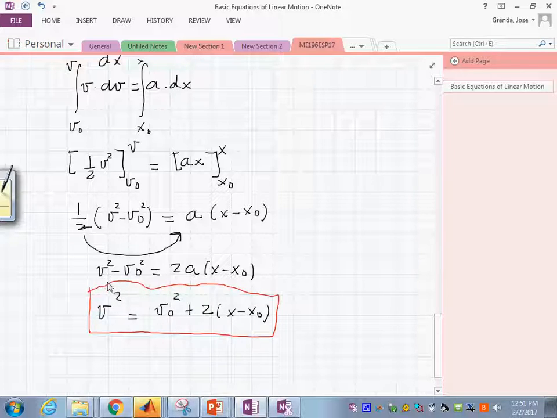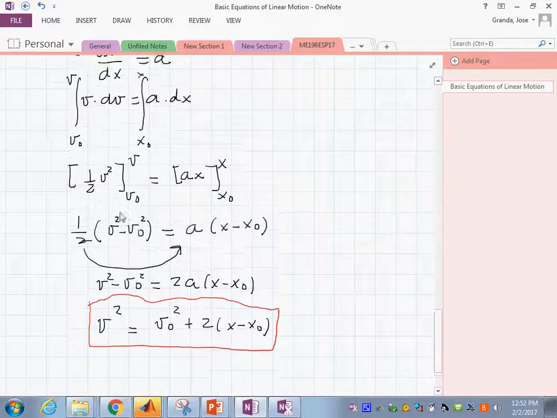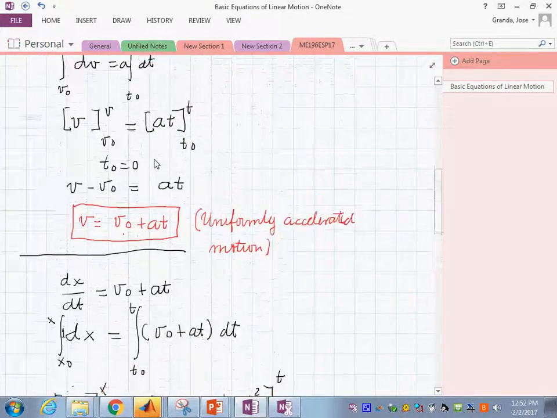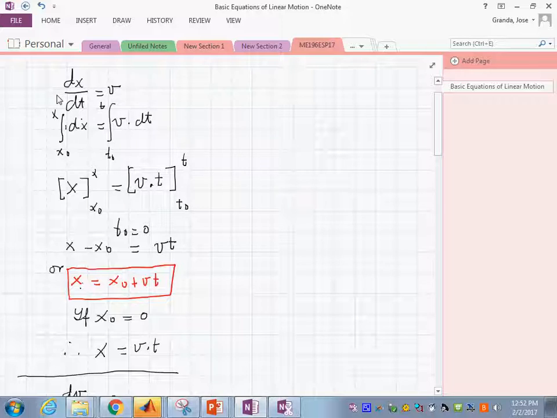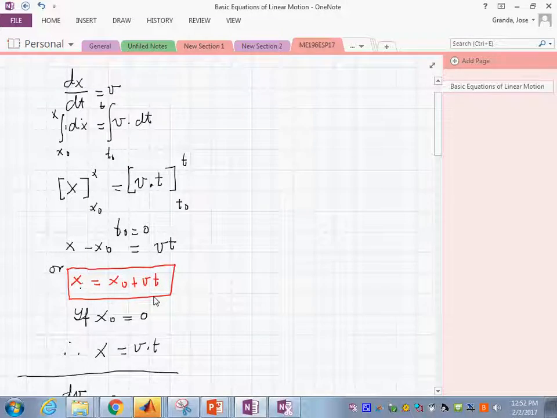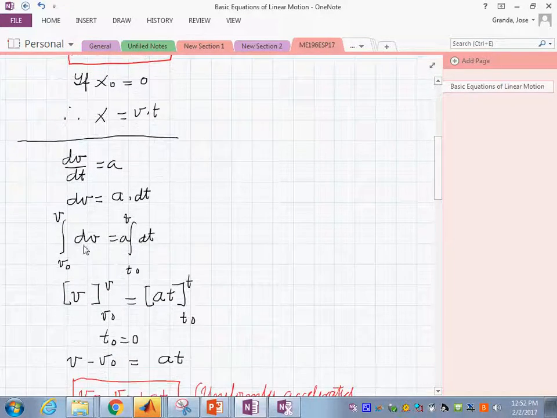And using this expression and integrating on one side in x and t on the other side, we obtain the other equation of motion, which is x is equal to x0 plus v0 t plus 1/2 of a t squared. And finally, just a little bit of a transformation of variables, a relationship between the velocity, acceleration, the displacement, but no time. But of course, we know that time is involved in here.